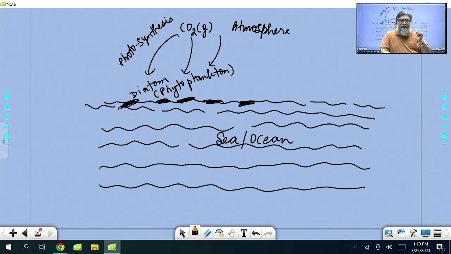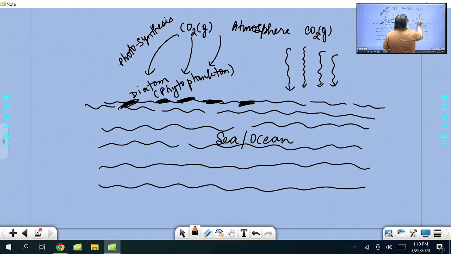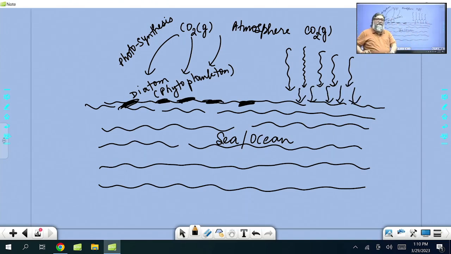Now what is another thing which is very, very important? CO2 gas in the atmosphere also diffuses. You all know that sea water is saline. It contains salt. So what happens?